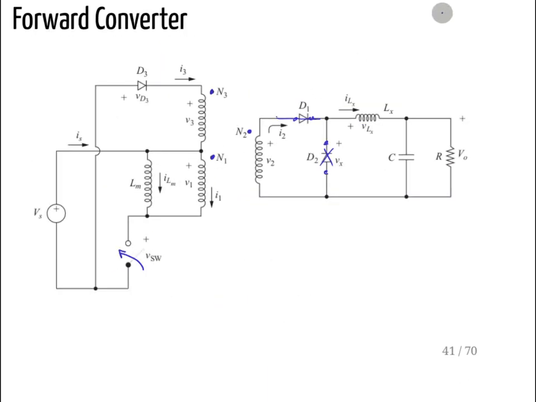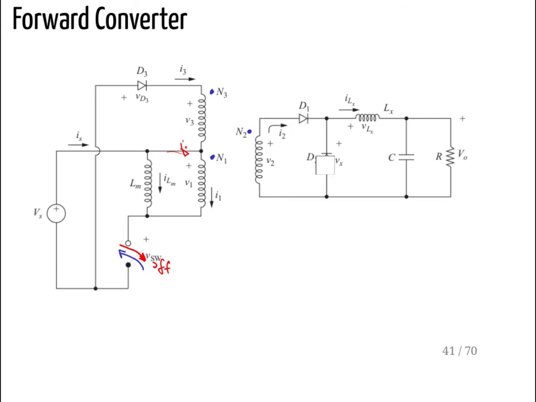So let's have a look at what happens. I charged that one. Now I turn off my switch, and whenever that current is 0, the normal operation is similar.